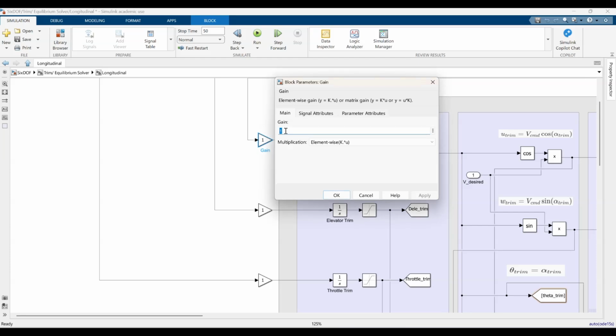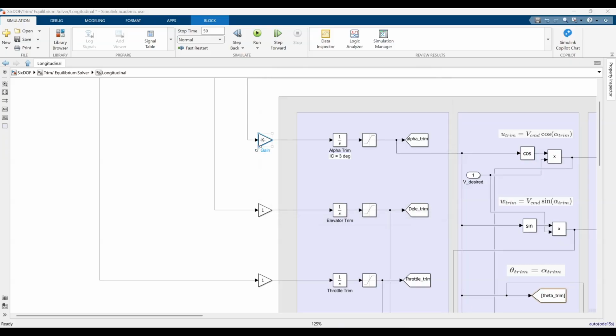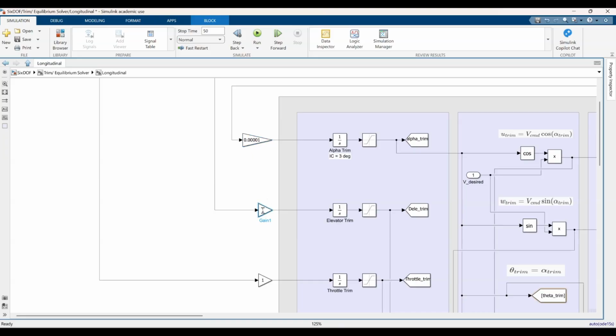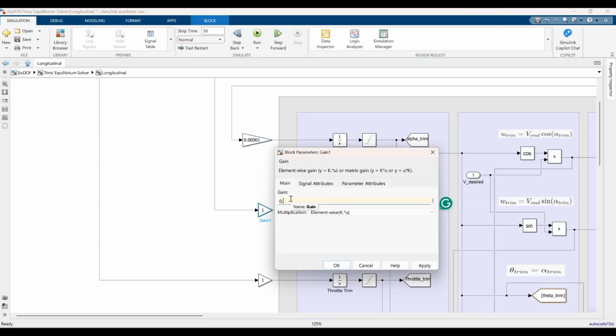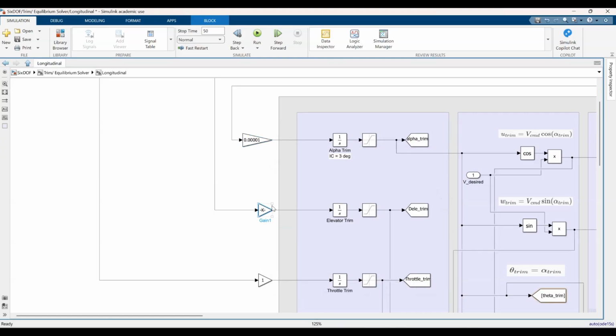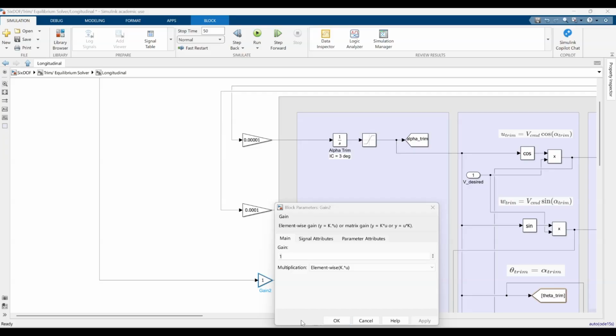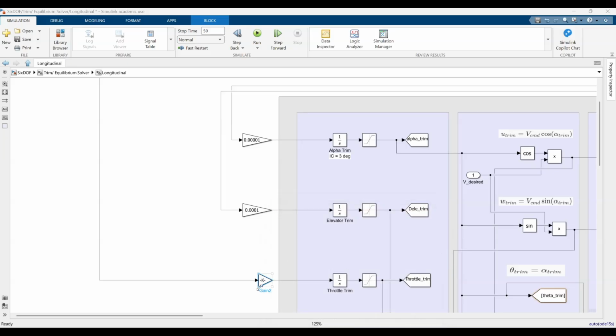These are integrated gains. I would highly recommend starting out with a very small number, and then you can go about that. If you are not sure, you can always Google or ask AI to check what would be a reasonable value to begin with. Okay, there goes that.